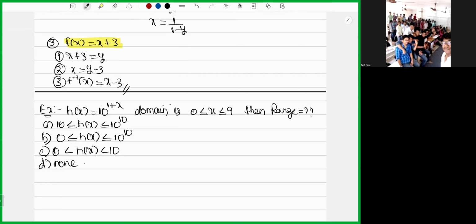Instead of x here, you will substitute 0, 1, 2, 3, 4, 5, 6, 7, 8, 9. Okay, let's say simple.